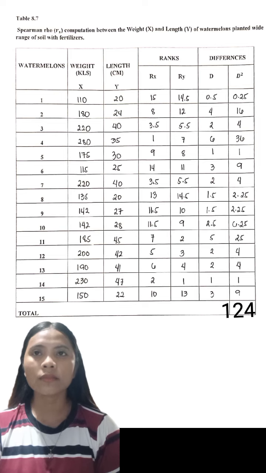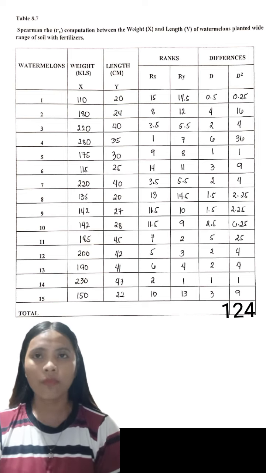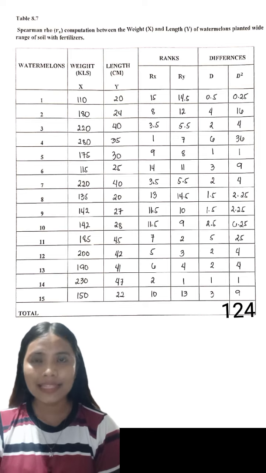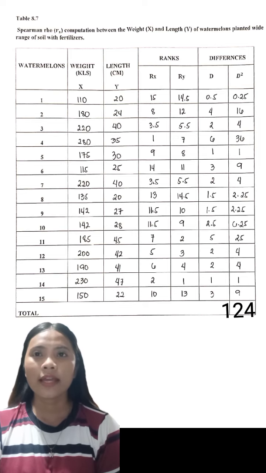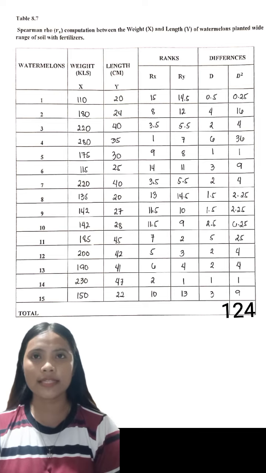For the columns of X and Y, the weight in kilos and the length in centimeters, I have given here the data, each watermelon with its weight in kilos and its length in centimeters.